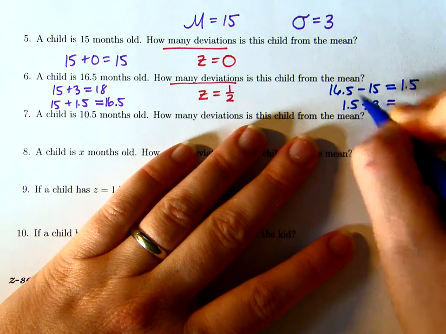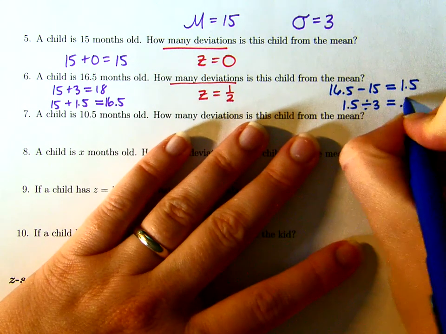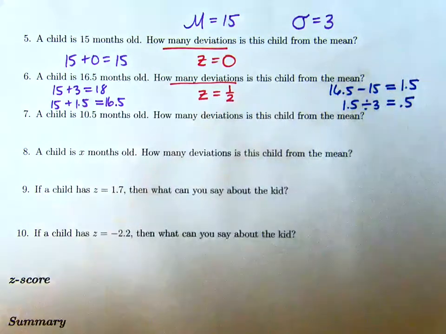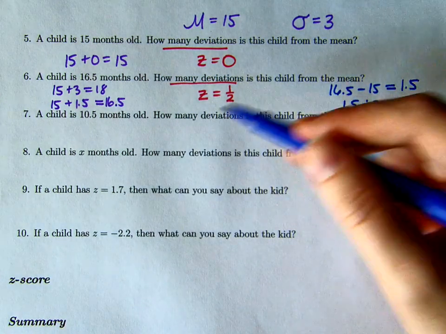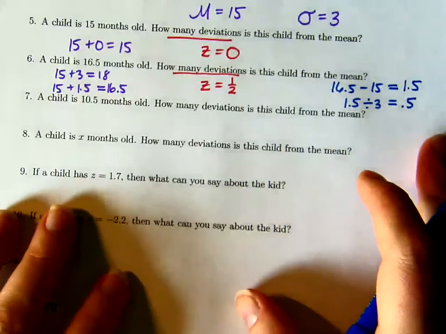Well, how many 3's are in 1.5? Well, half. Half of a 3 is 1.5. So we still end up with the right answer here.